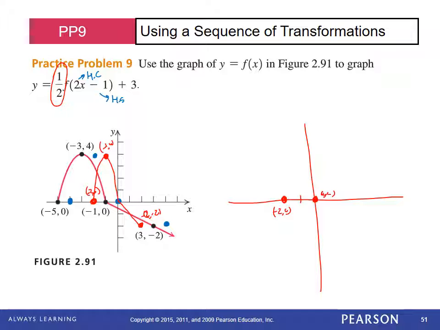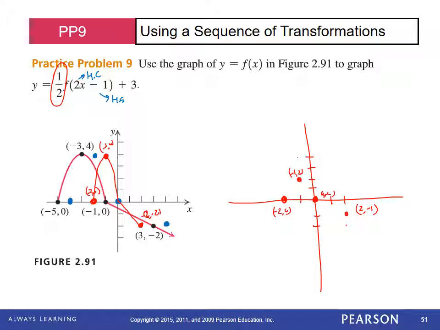So negative 1, 4, this dot here now became negative 1, 2, and this dot here that was at 2, -2 now became 2, -1, so down to here. Okay, are we good there?